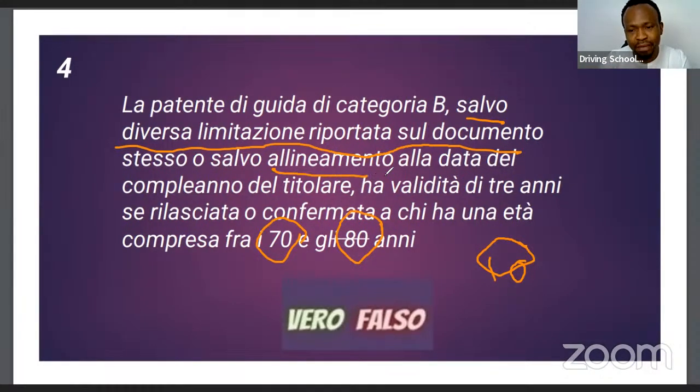You understand? This allineamento alla data de compleanno del titolare is where your document expires, not your permit of stay, your document, for example, carta de identità or this patente. The expiring date will be your birth date. You understand? So if, for example, your date of birth is the 15th of August, that same 15th of August is when your license will expire.